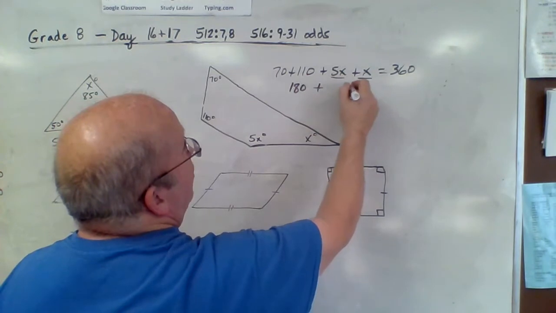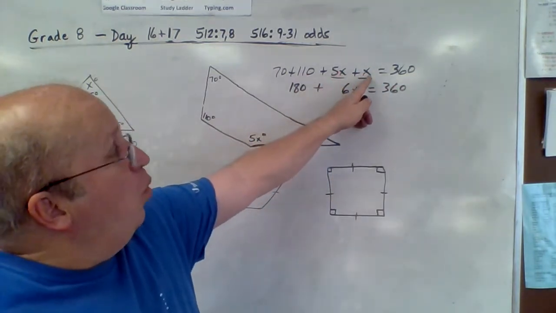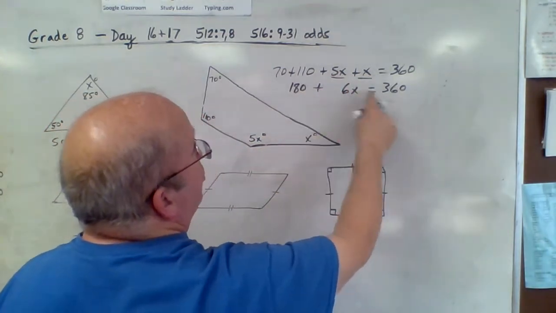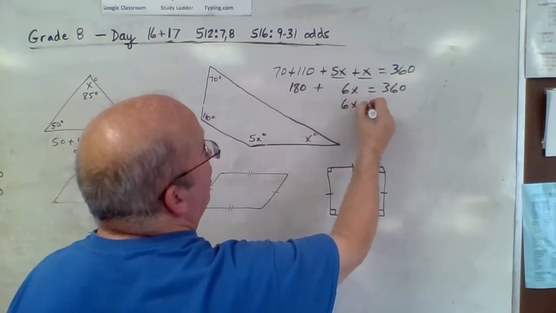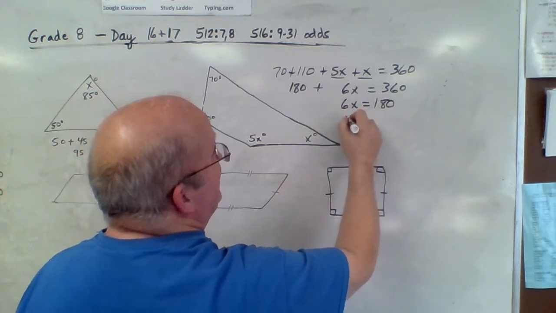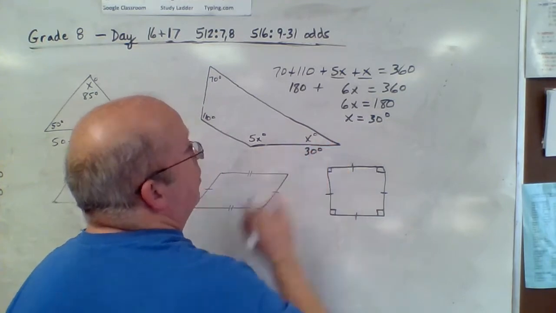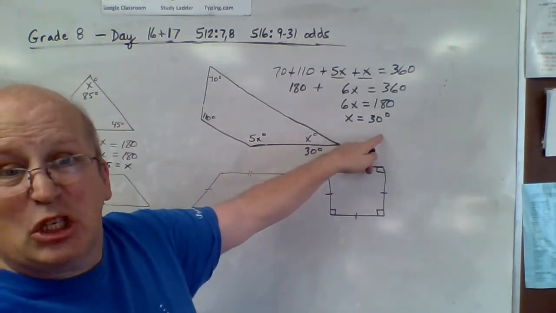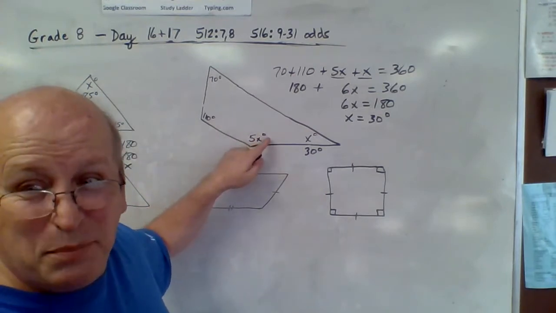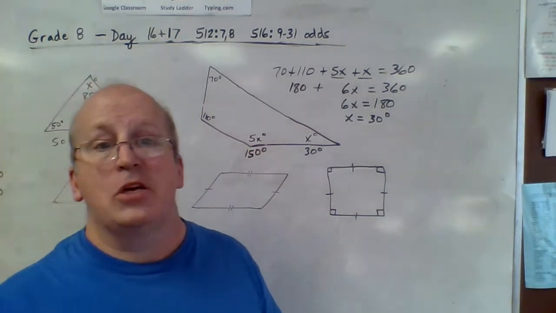Let's add up these numbers to make 6x. 5x and 1x is 6x. Let's subtract 180 from both sides of the equation. Let's divide both sides of the equation by 6. So x has to be 30 degrees. And if x is 30 degrees, what's 5 times x, or 5 times 30? The other angle has to be 150 degrees.